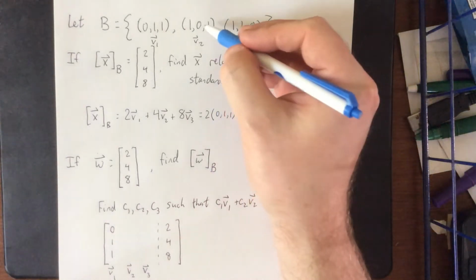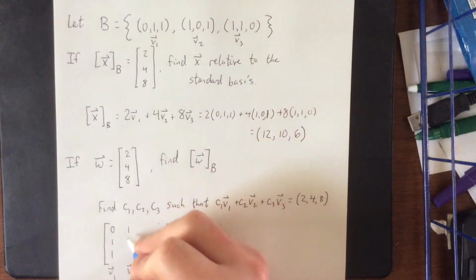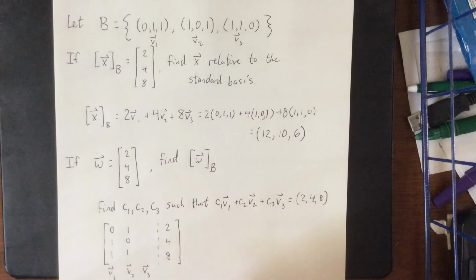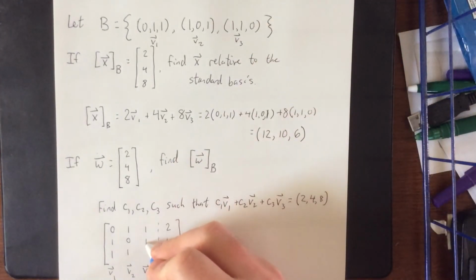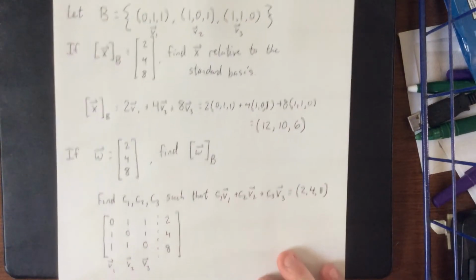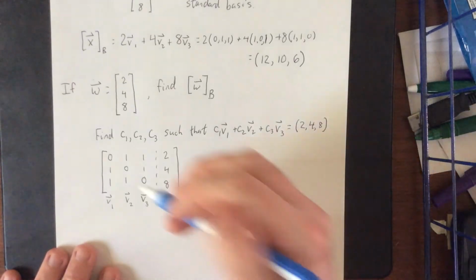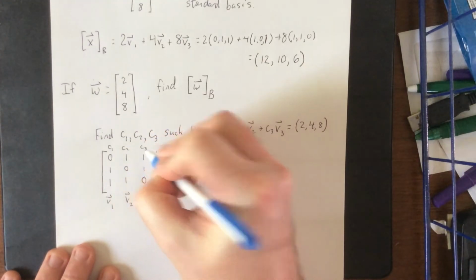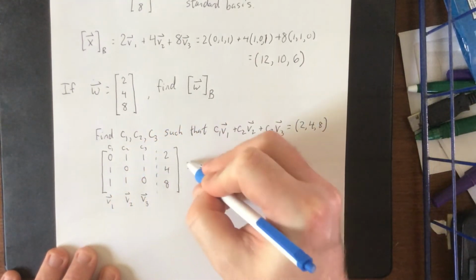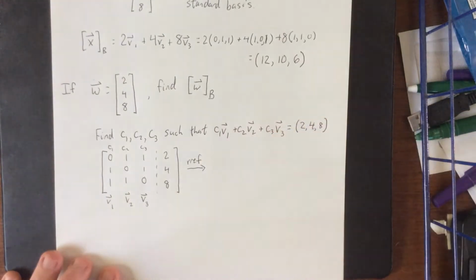In the second column, we put 1, 0, 1 to represent the second vector. And in the third column, we put 1, 1, 0 to represent the third vector. Now, technically, each of these columns is referring to the values of C1, C2, and C3. We are going to take this down to reduced row echelon form to solve the system.